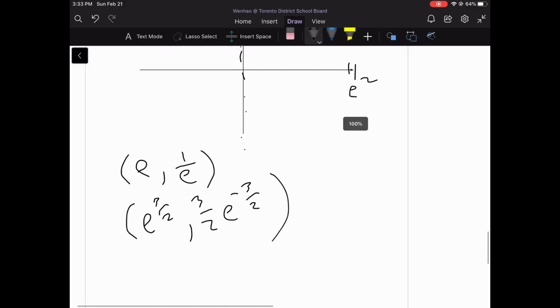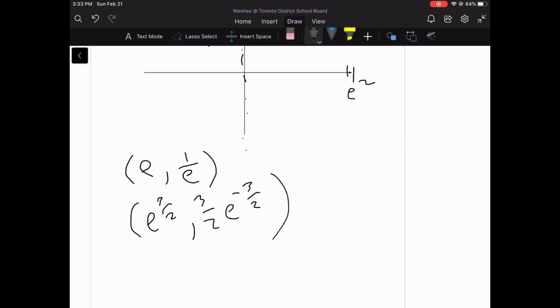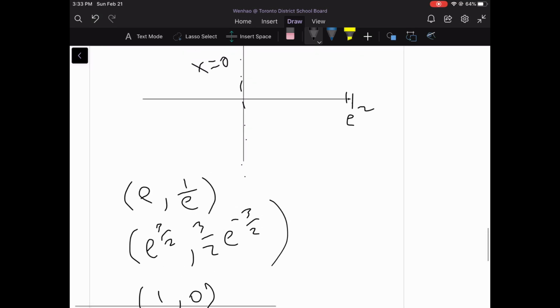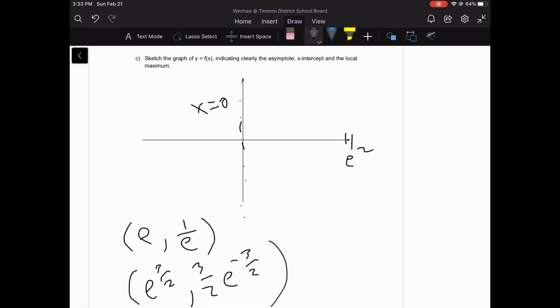Oh, and also there's an x-intercept at 1, 0, because ln of 1 is 0. Alright, so this is 1, this is e, and this is e to the 3 over 2.